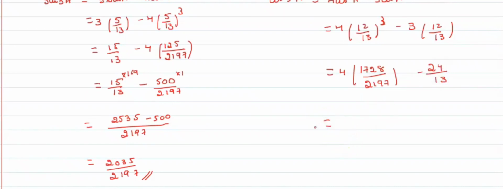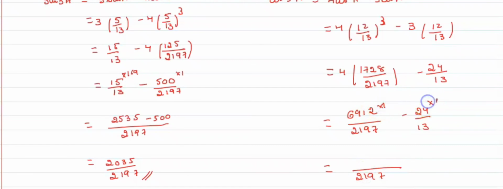So let me multiply 1728 by 4. So this will be 6912 over 2197 minus 24 over 13. The LCM will be 2197. So this you are multiplying by 1 and this you are multiplying by 169.